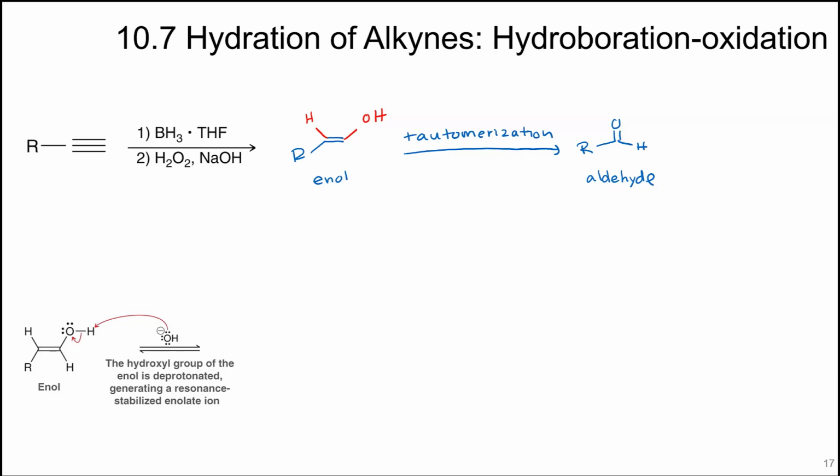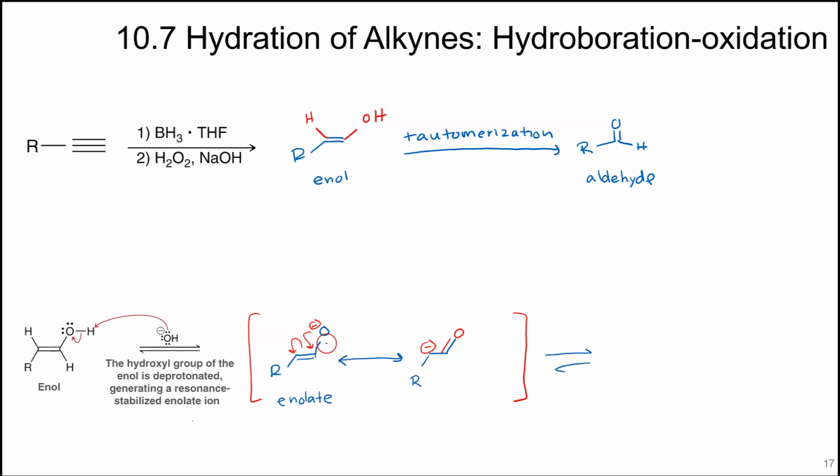So the mechanism here is almost the same. The hydroxyl group in the NaOH can grab the hydrogen, which brings the electrons onto the oxygen. We have the O minus. That is in resonance with this. If we take these electrons down to here, and it goes on to this carbon, so this is an enolate.